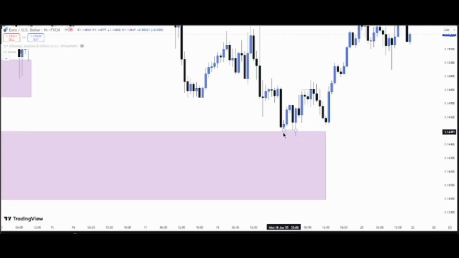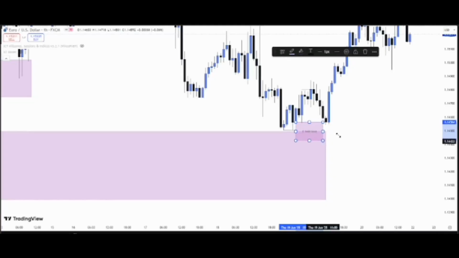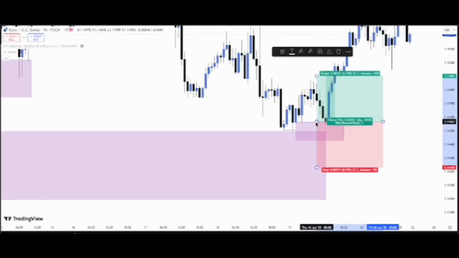Now, because this candle swept the liquidity here, you will have to use this candle wick to enter your trade directly. Remember, we are trading directly, and price came into that, tapped into it, and you would have taken your trade from there going long. This will be where you place your pending order.